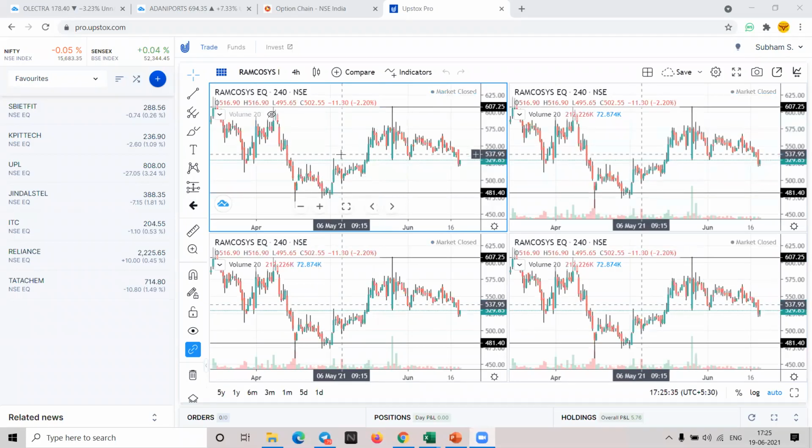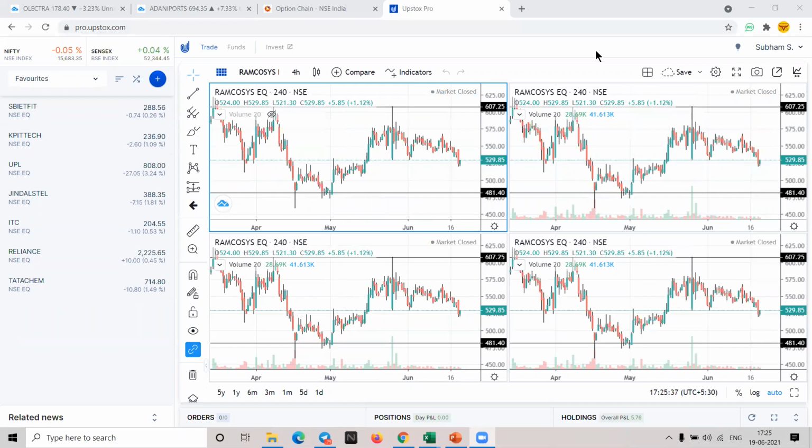Fine. So this is how it will look. Normally in Zerodha and Upstox, the user interface is almost similar.